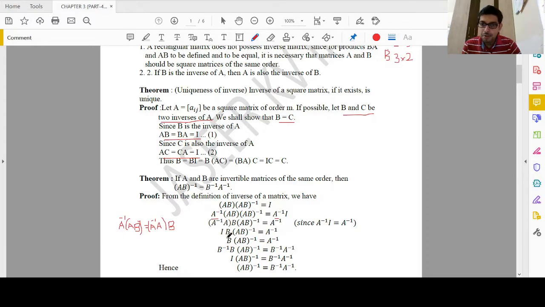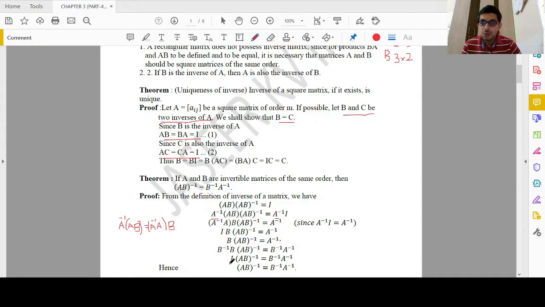So now I into B can be written as B. So B into (AB) inverse equal to A inverse. Now multiply both sides of this equation with B inverse. So it will become B inverse into B into (AB) inverse, and the right hand side will become B inverse into A inverse.